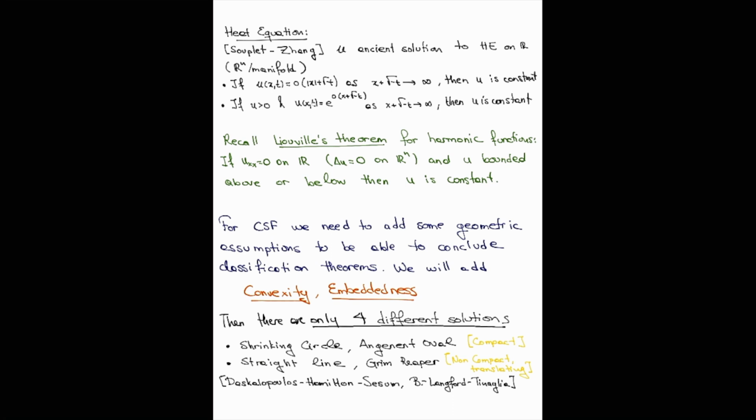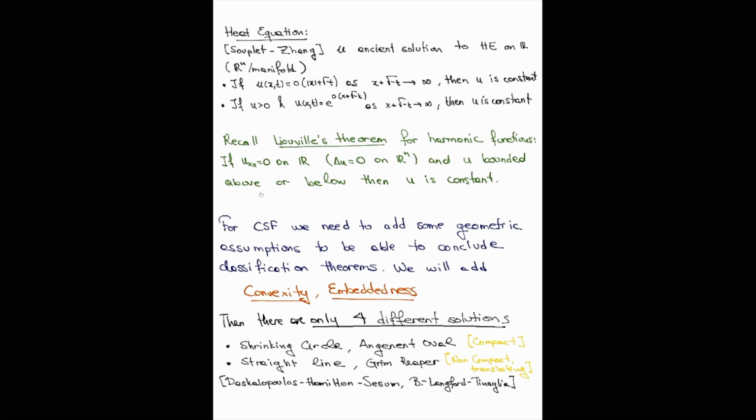Or we can have a less restrictive decay if we assume that u is positive. So this is for the heat equation, and this is a similar theorem to Liouville's theorem for harmonic functions. This theorem says that if you have a solution to the harmonic equation, which in one dimension is second derivative equals 0, and u is bounded above or below, then u has to be constant.